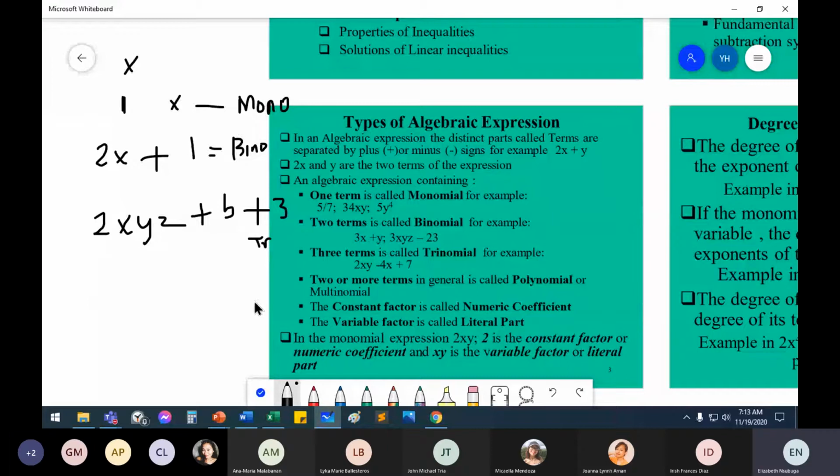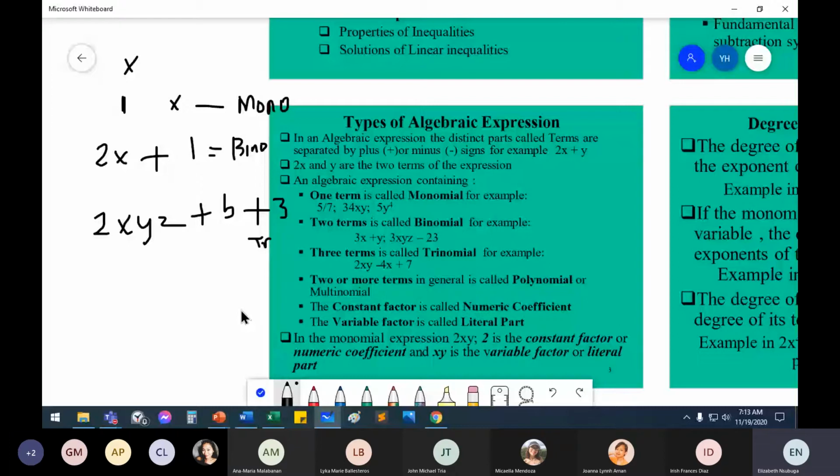Now, what is a polynomial? If you're going to be defining these, you define a monomial as a 1-termed algebraic expression, a binomial as a 2-termed algebraic expression, and a trinomial as a 3-termed algebraic expression. But what about a polynomial?